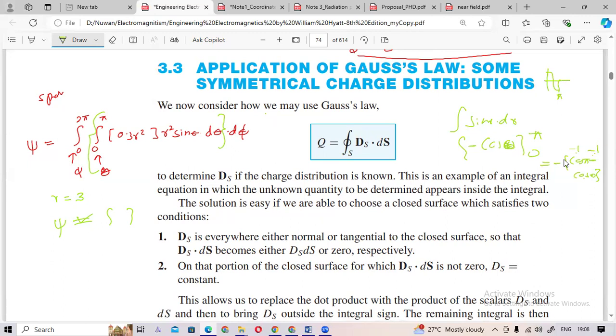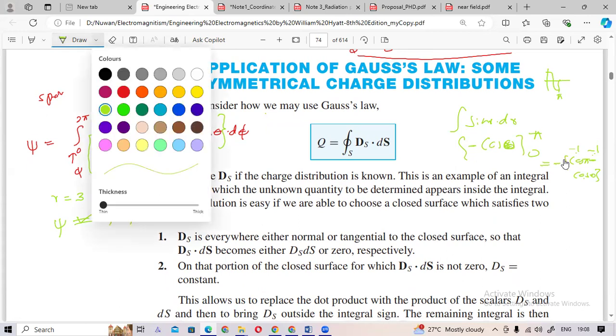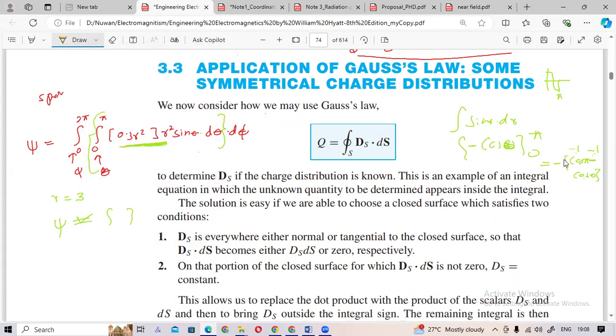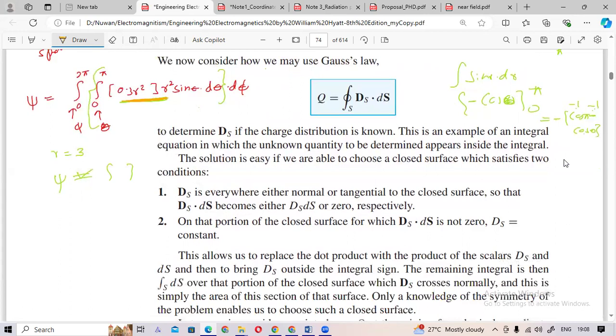This 0.3 R square is constant with respect to theta, so that part is there.